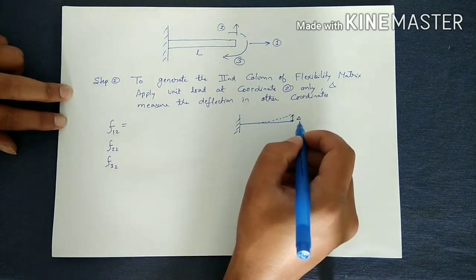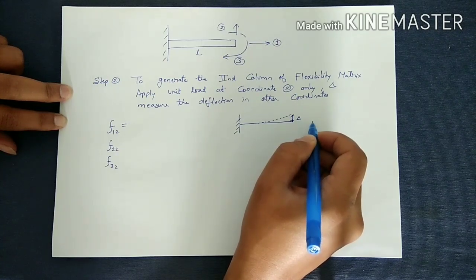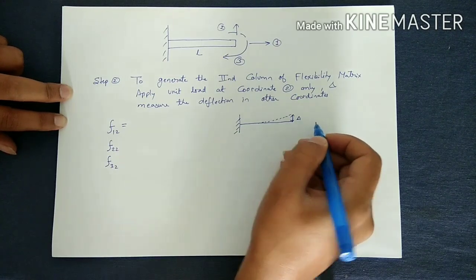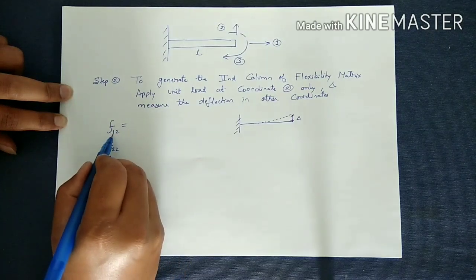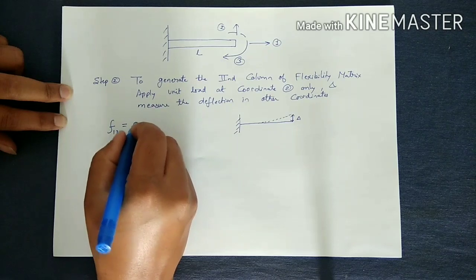There will be no deflection in the horizontal direction. Therefore, flexibility at 1 when unit load is applied at 2 will be 0.